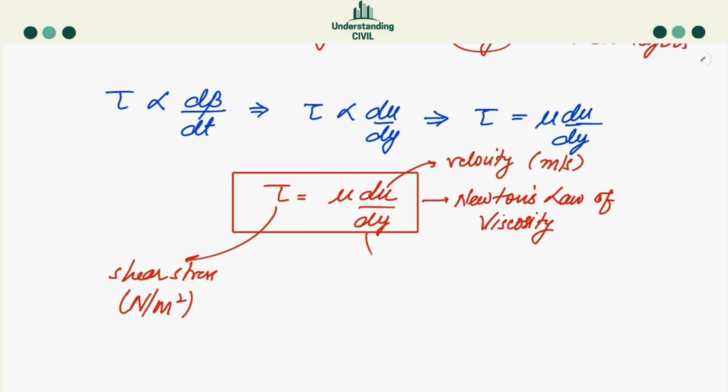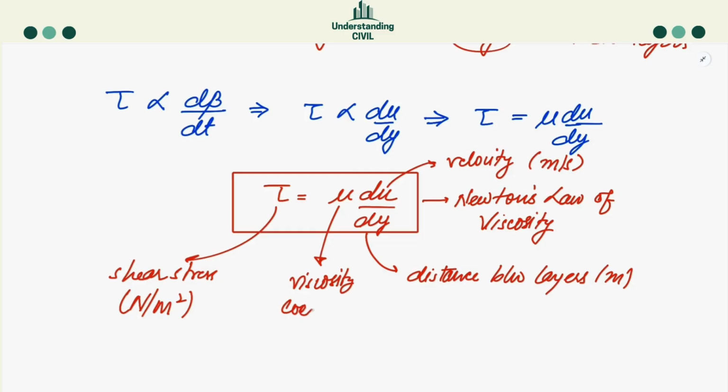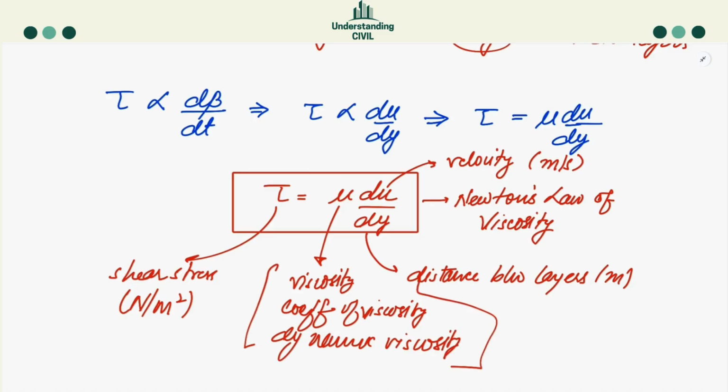This can be written as meter per second, and dy is the distance between layers. This will be measured in meter, and mu over here is called viscosity, or we call it coefficient of viscosity, or we call it dynamic viscosity. We will talk about this specific viscosity term in the next lecture.